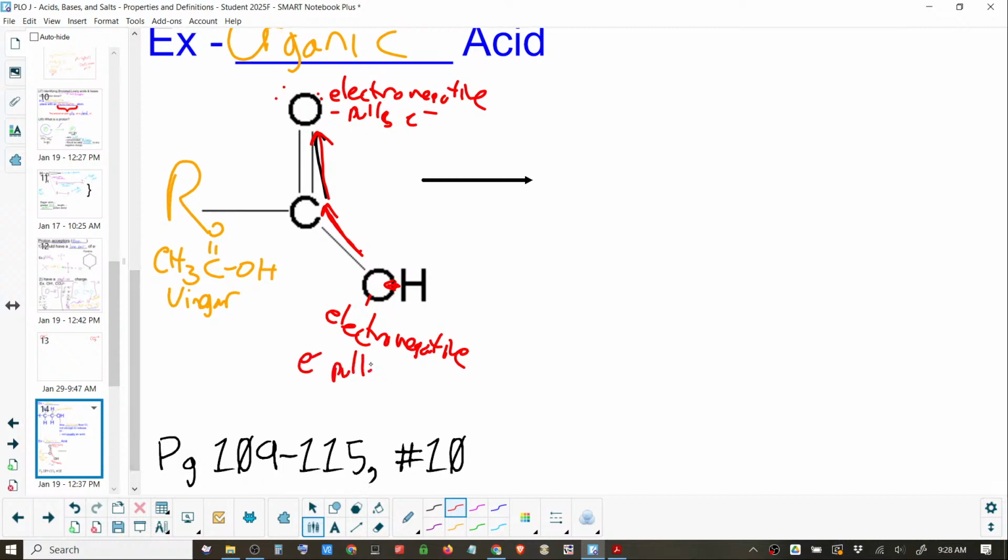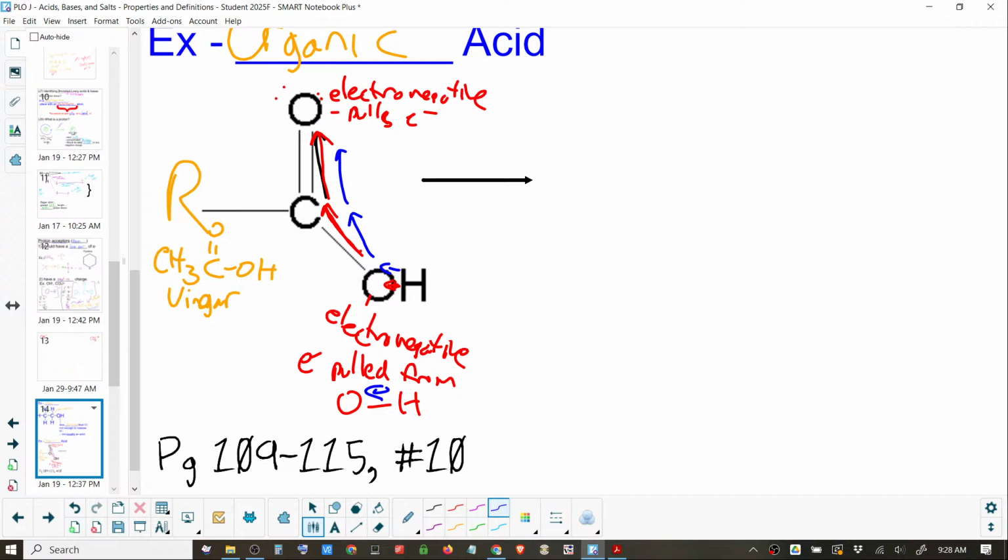Electrons are pulled from OH, and they're pulled this way. So the electrons get pulled there, and are pulled there. That just creates an effect that makes it even more electronegative than it normally would be.